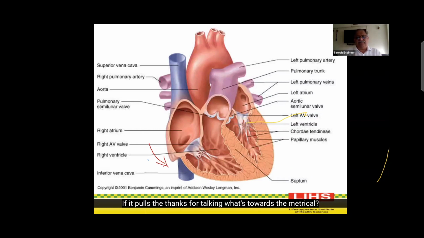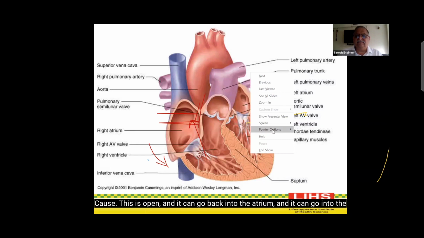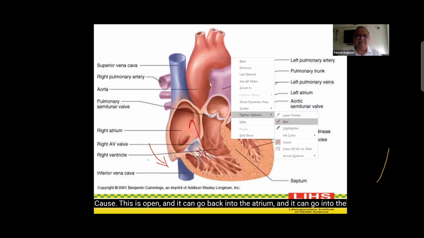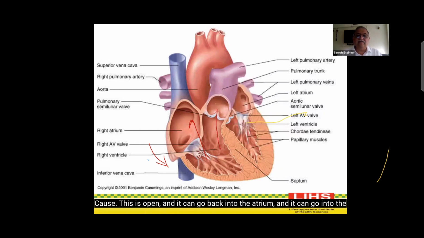If it pulls the cusp downwards, naturally the blood from the ventricle will go back into the atrium also, because this is open, and it can go into the pulmonary. So the blood can go into the pulmonary as well as back into the right atrium.